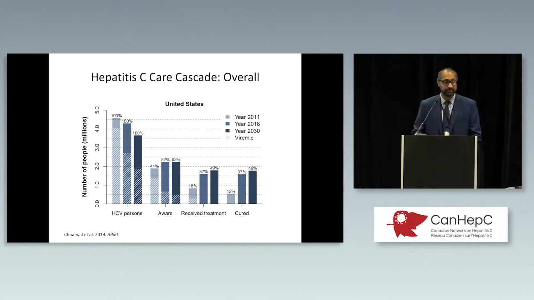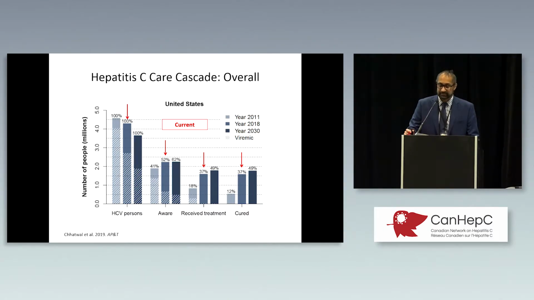If you look at the current setting, by the end of last year, we estimated around 2 million people still have chronic hepatitis C infection. Awareness rates have increased to 52%, and around 37% of people have achieved cure.